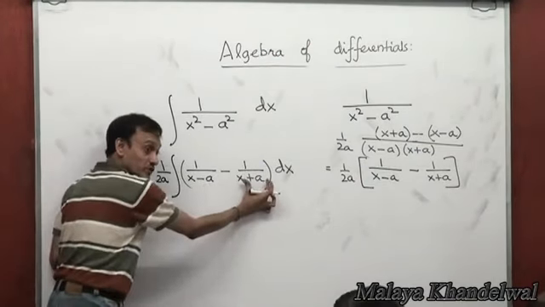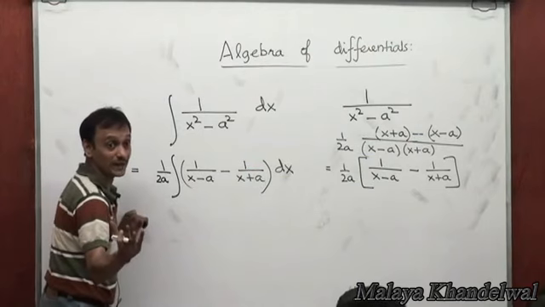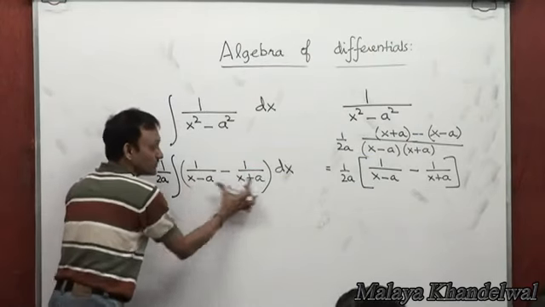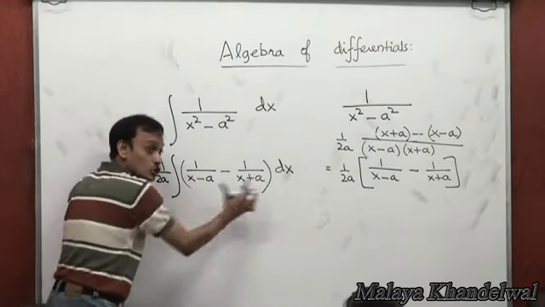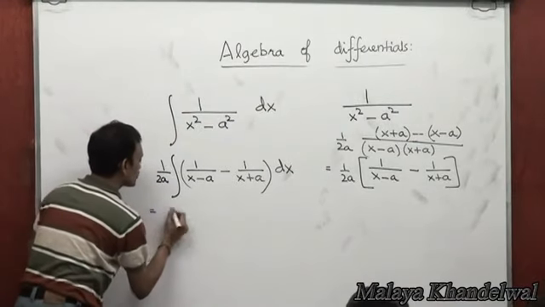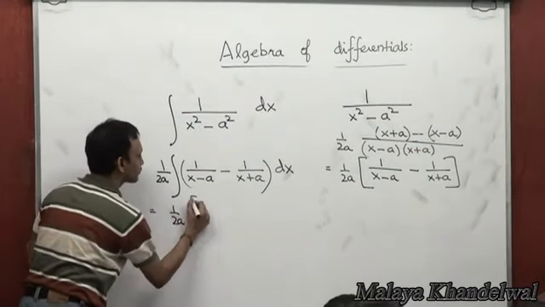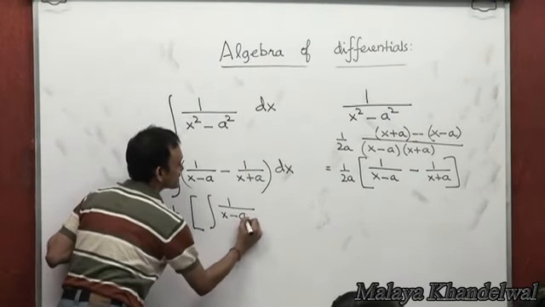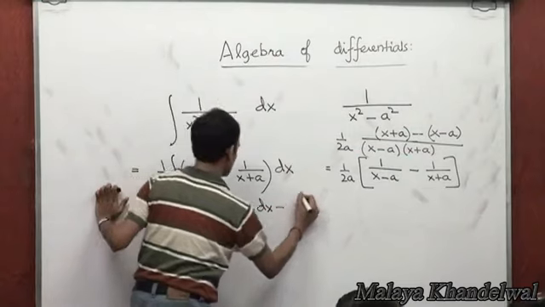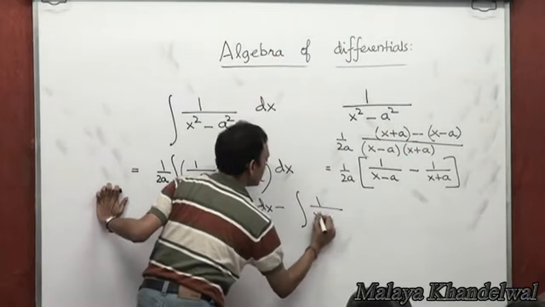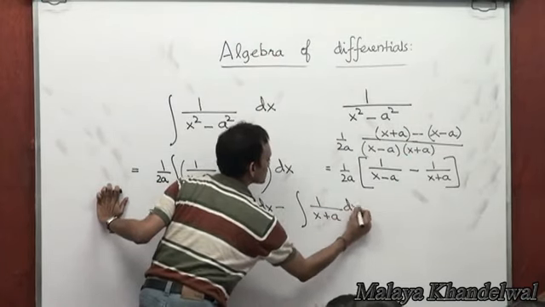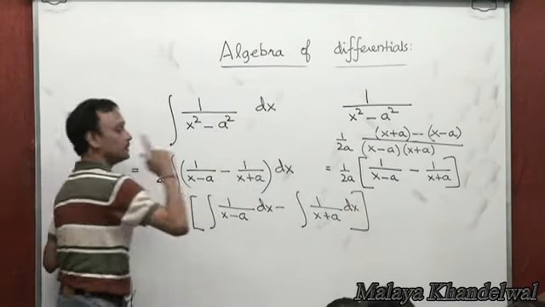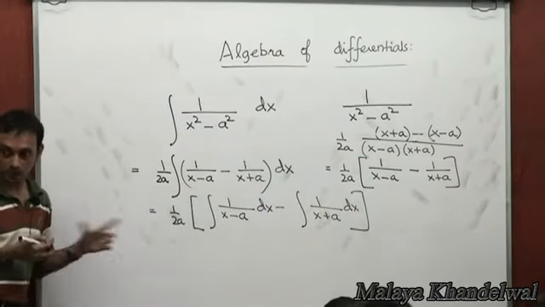Then integral of the difference would be difference of the integrals, like I told you in my last class. Right? This is integral of the difference of two functions. That would be difference of the two integrals. So that's 1 by 2a integral 1 by x minus a dx minus integral 1 by x plus a dx. Clear?